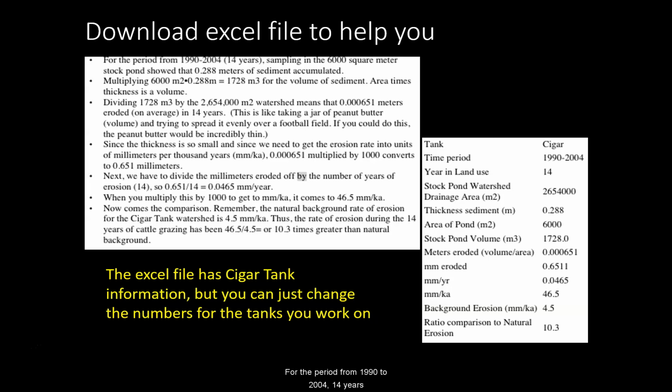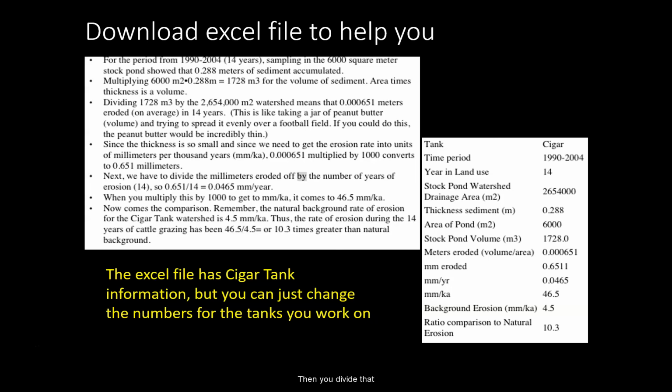For the period from 1990 to 2004, 14 years, sampling in the 6,000 square meter stock pond showed that 0.288 meters of sediment accumulated. By multiplying the area of the stock pond times the depth of sediment accumulation, that gives you the volume of sediment.